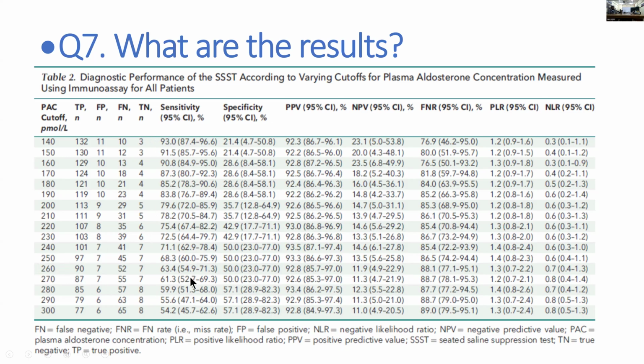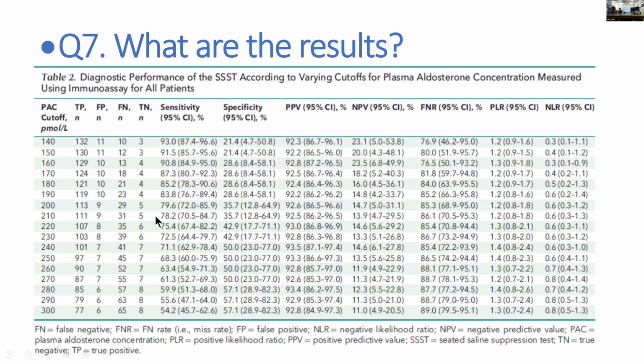But as you come down, if you want a good specificity, because this is a confirmatory test, the best specificity you're getting is only 57.1%, but you are coming down on the sensitivity, which is around 59%. So the total number of patients we looked at according to the algorithm was 156.